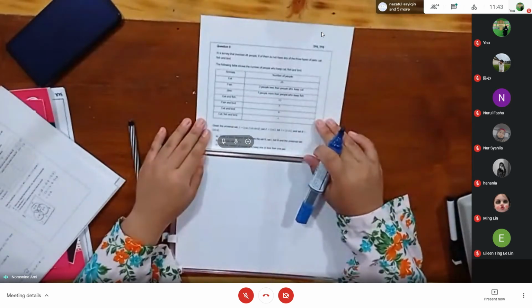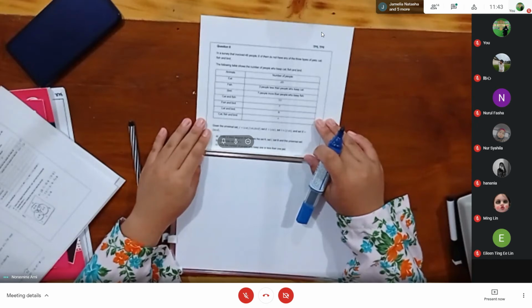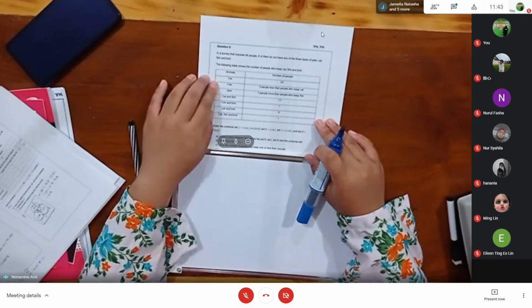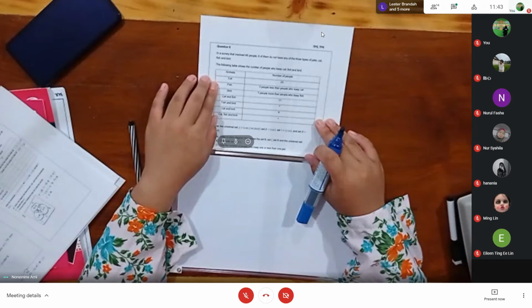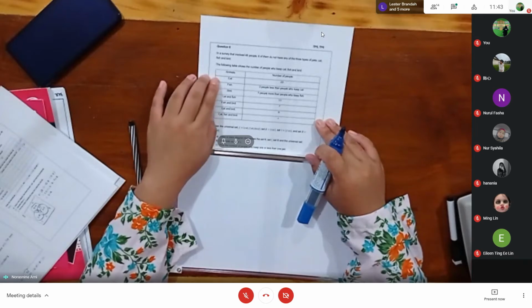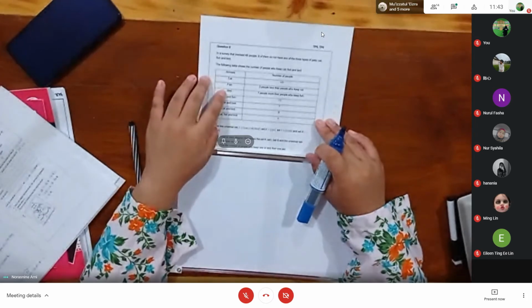The question says that in a survey that involved 48 people, 6 of them do not have any of the 3 types of pet. It's already stated, there are 6 people who did not have cat, fish, and bird.